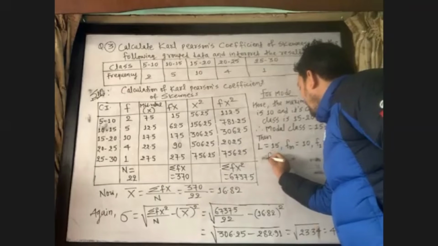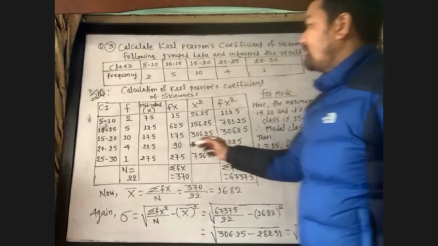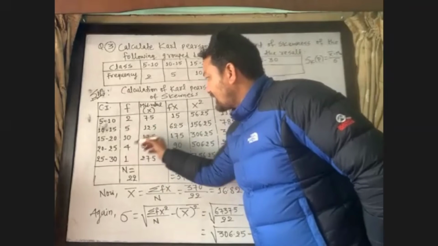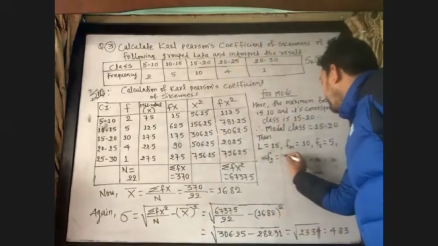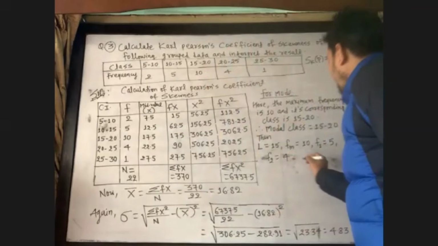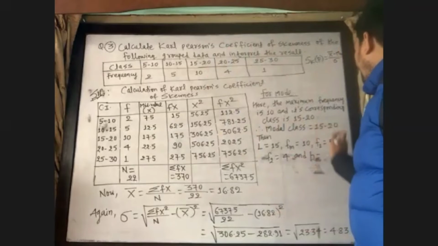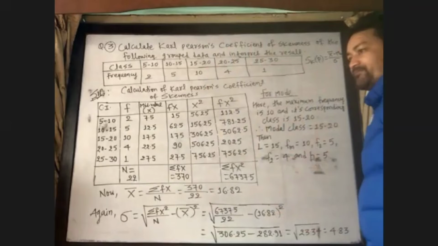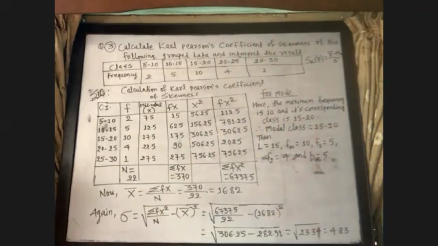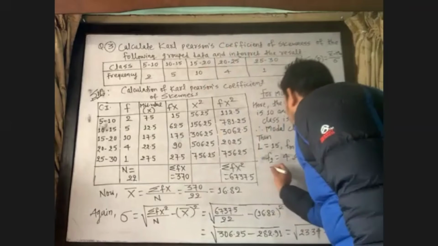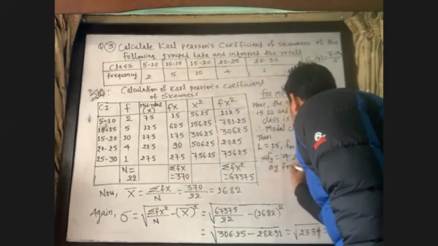Okay, F2 एक step पछाडिको model frequency, model class को frequency भन्दा एक step तलको frequency, that is 4. Okay, and हामीलाई S पनि चाहिन्छ. S class interval 15 देखि 20 को बीचको 5 छ. ल यति कुराहरु थाहा भयो भने अब we can find the mode by formula.